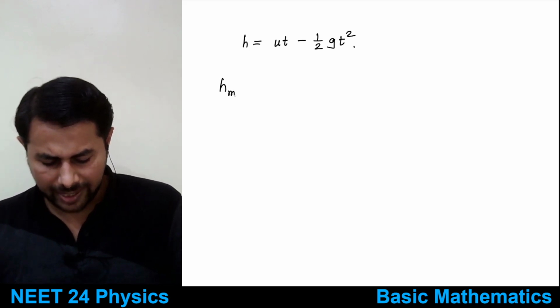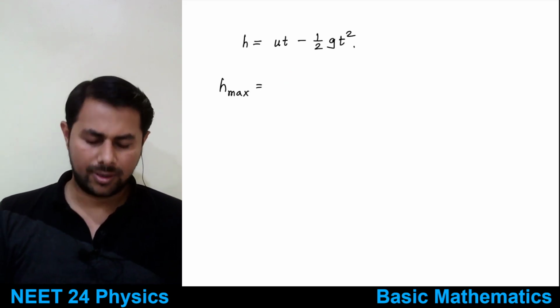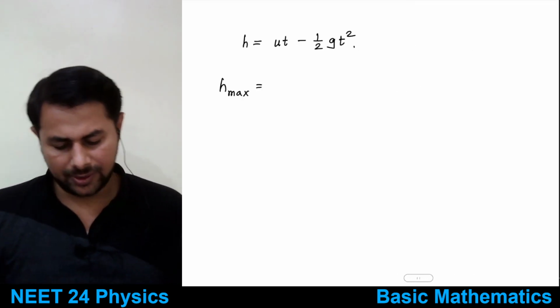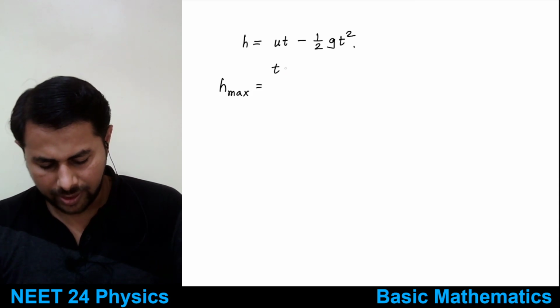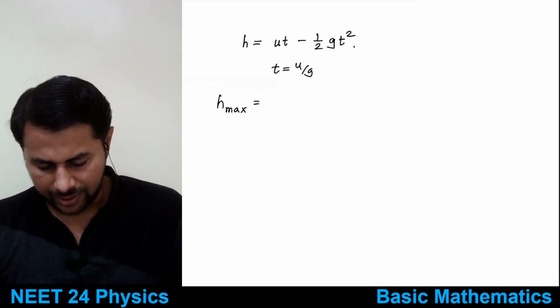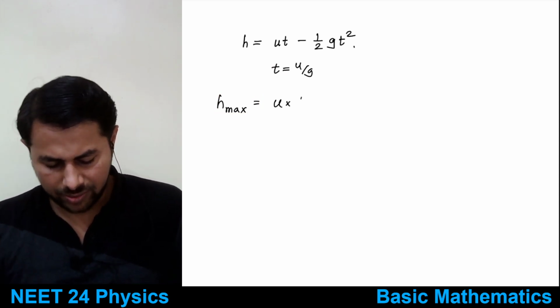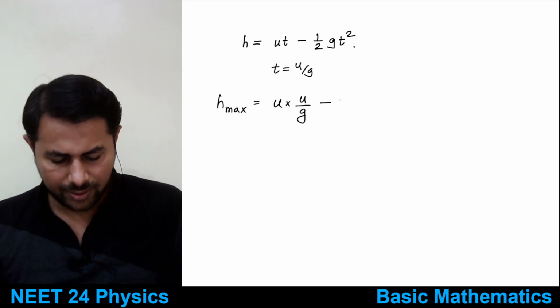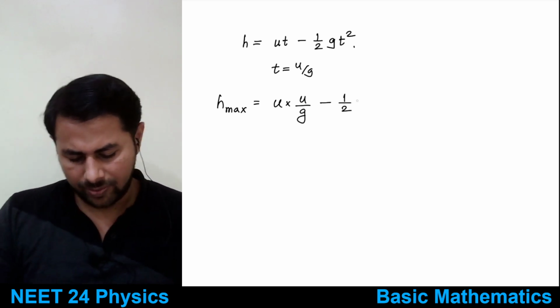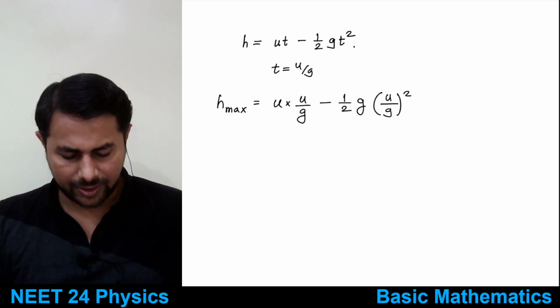For h max, you have t equal to u by g. So h max is equal to u times t, which is u by g, minus half of g multiplied by t square, that is u by g square.